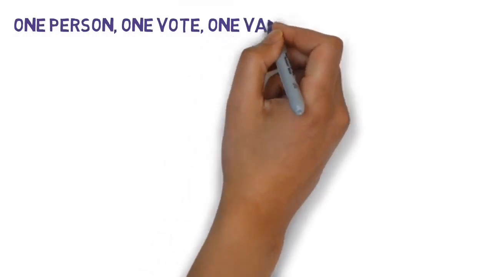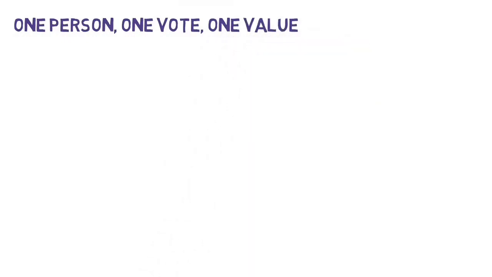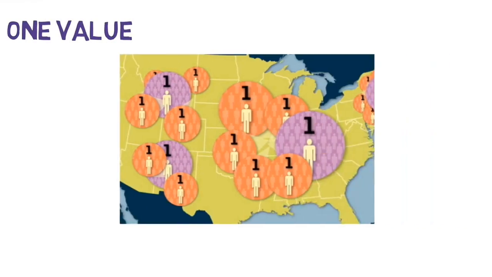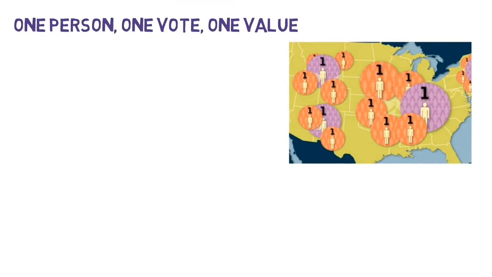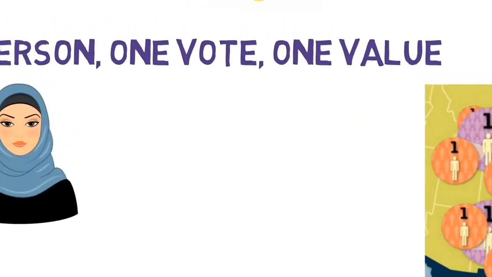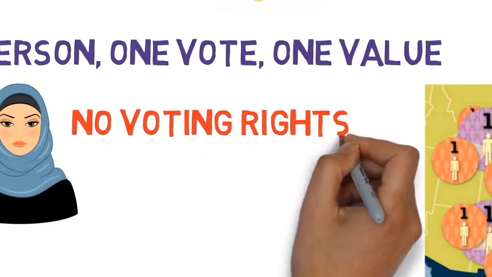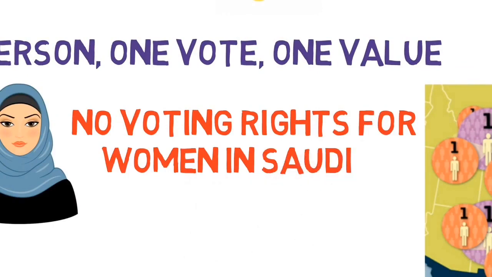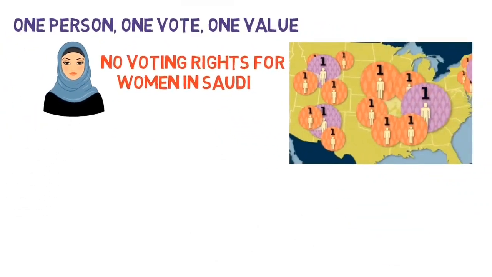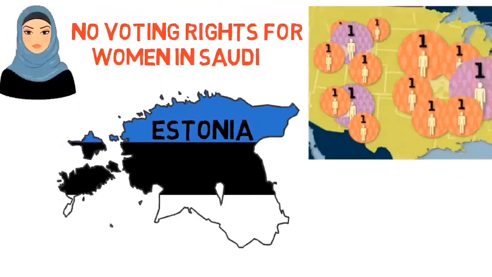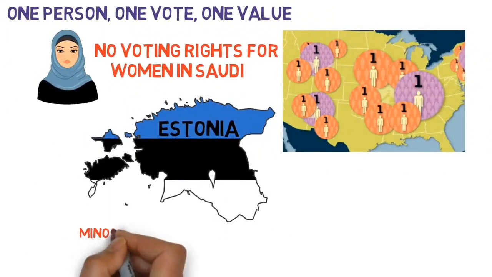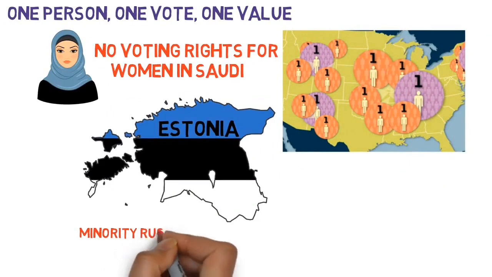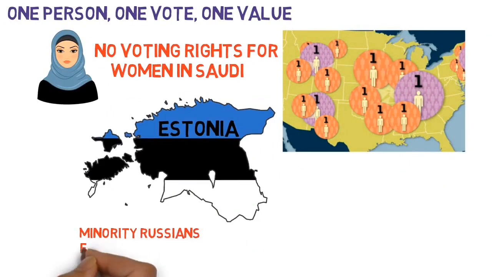Our third feature is one person, one vote and one value. But in Saudi Arabia, women did not have any right to vote. This feature says that everyone should get the right to vote, and that vote should have one value. Saudi Arabia was not giving women the right to vote. Again in Estonia, the Russian minority would find it difficult to vote.